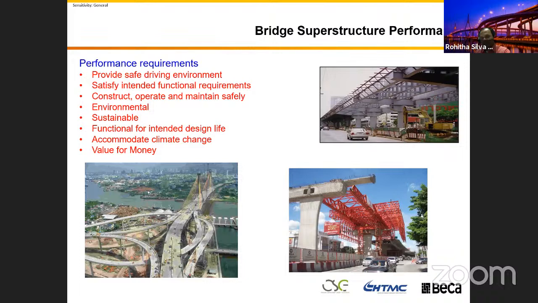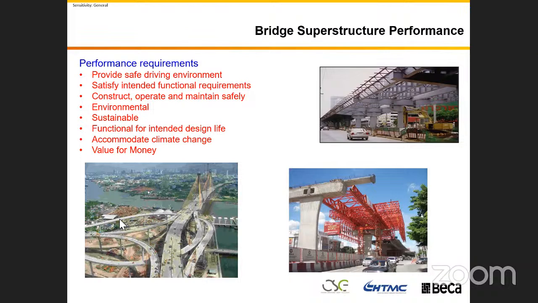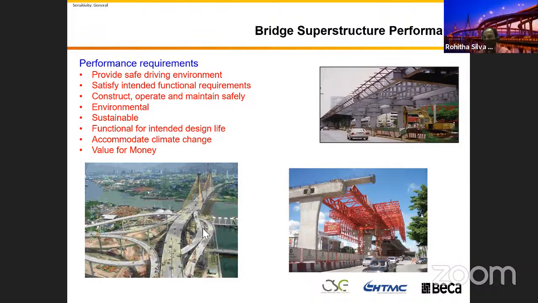I'm not sure if it's fixed and pin, but it's even a continuous span. I think the bridge will not do too many complex things like what you can see in this slide, the one in the bottom left-hand corner, because these bridges are subjected to significantly large forces.